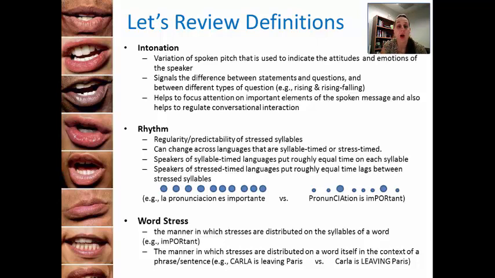So, for example, "Carla is leaving Paris," or "Carla is leaving Paris." Right? The meaning now changes because of this sort of overemphasis of one word. And then remember, you're going to be looking at multisyllabic words, for example, leaving, and seeing if the student is putting the stress on the right syllable. In this case, leave, right? That first syllable.